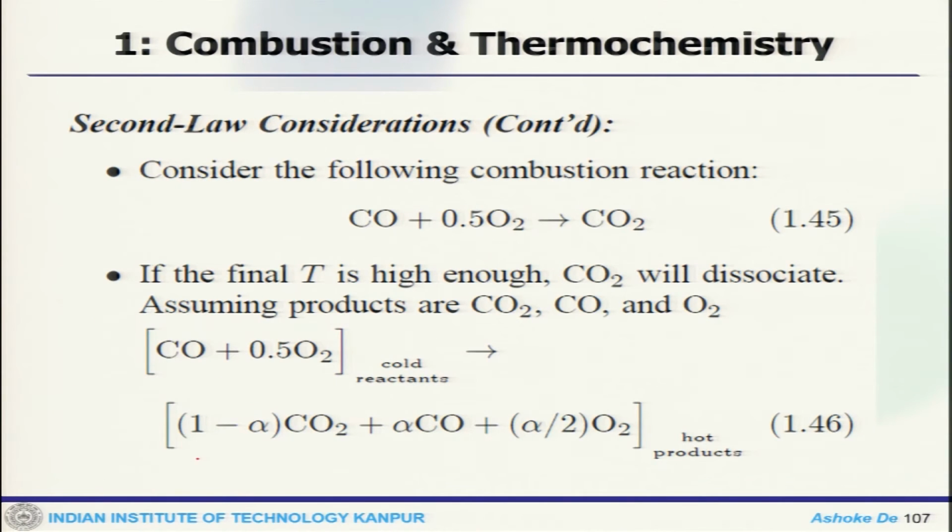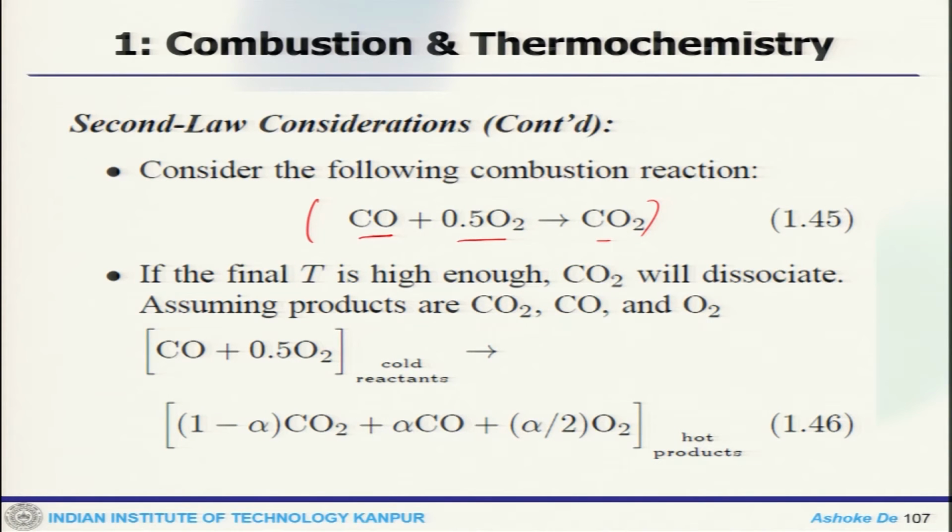For example, consider the following reaction where CO is burned with oxygen to form CO2. If the temperature is high enough, the CO2 will dissociate and you get to see the reverse reaction. So, this particular reaction is not only a one-way reaction, it could be a reversible reaction also.